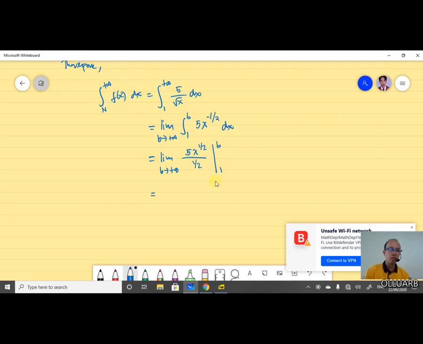Simplify again, this is 10 x to the 1 half, where b approaches positive infinity, from 1 to b.